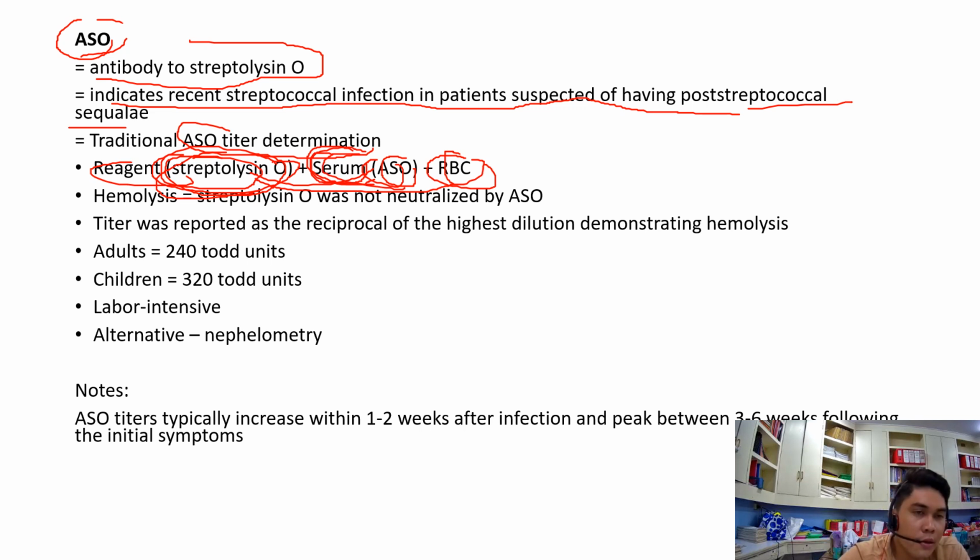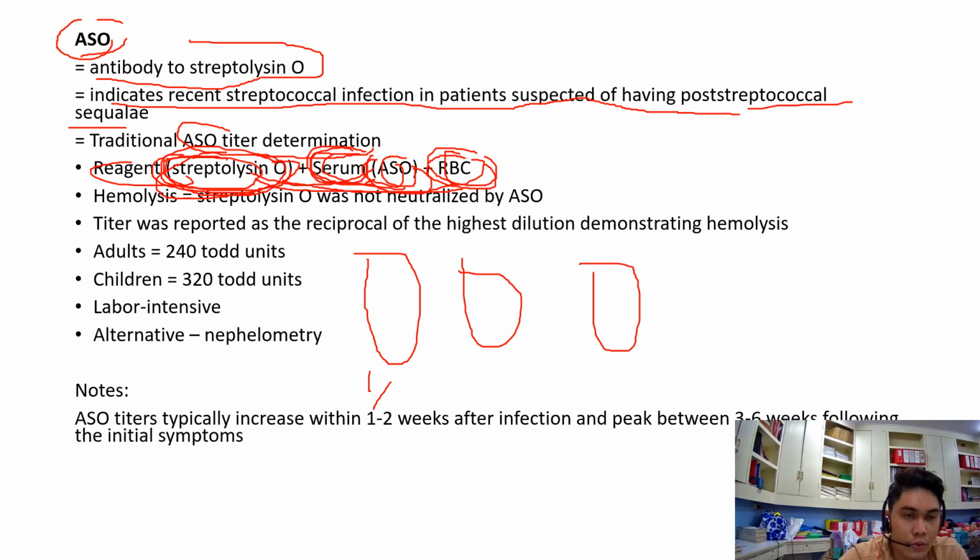Okay. Now, what if ASO is absent in patient specimen? So meaning streptolysin O is available to cause hemolysis to red blood cells. Okay, so hemolysis, streptolysin O was not neutralized by ASO. Titer was reported as the reciprocal of the highest dilution demonstrating hemolysis. So for example, you have tubes of serial dilution.